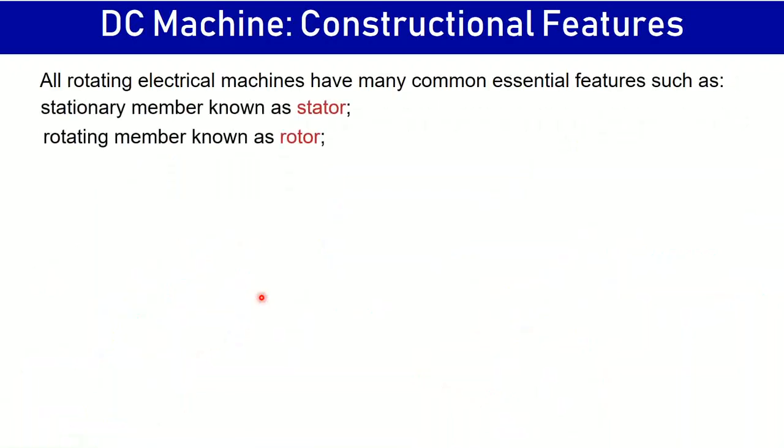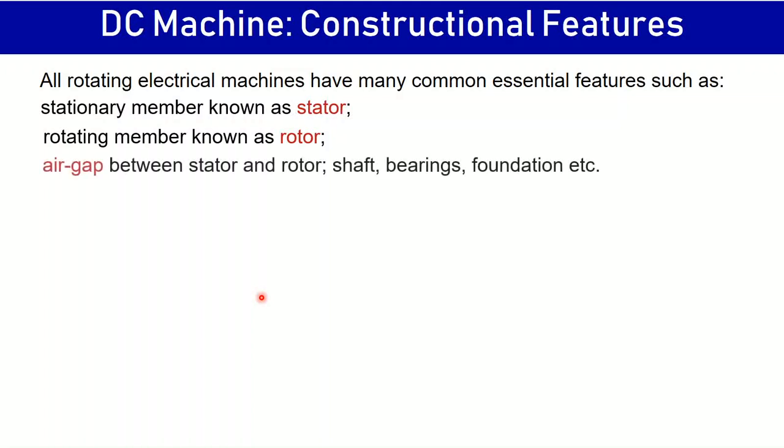Similarly, there will be a rotating member which is known as the rotor. So in our example, we had the armature winding and the commutator as parts of the rotor. Between the stator and rotor, there will be an air gap. There will be other parts such as the shaft, the bearings, the foundation, etc.